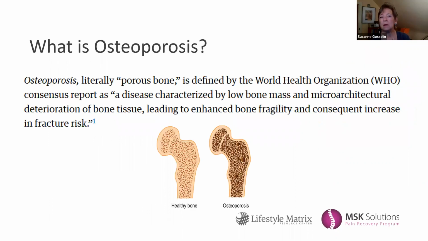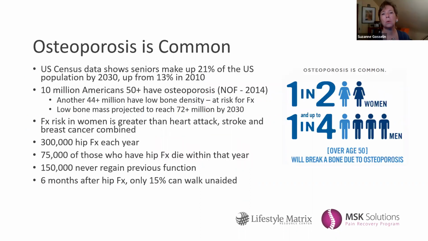And that's what osteoporosis is: accelerated bone loss, literally porous bone that is characterized by low bone mass and deterioration of bone tissue, which increases the bone's fragility and leads to fracture risk. And we all know how incredibly common it is in the world and in the United States.